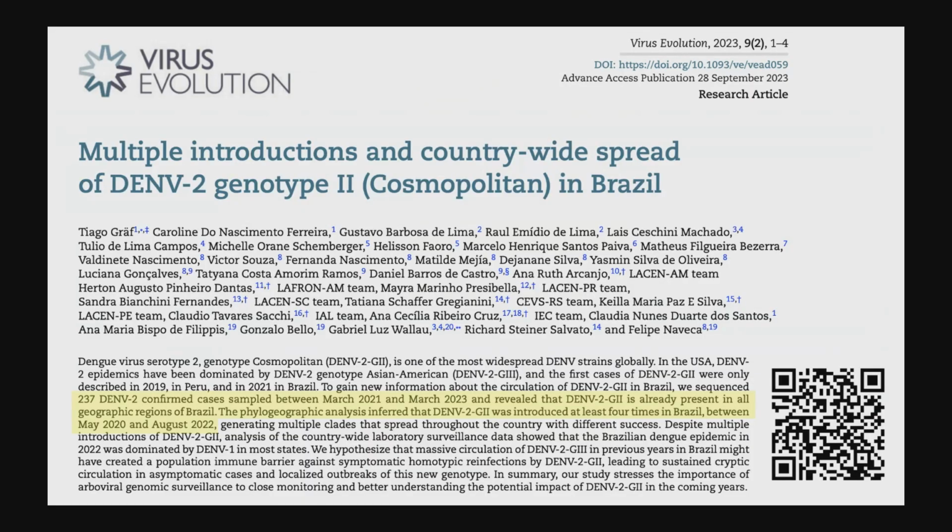And then I will move to another example, which is dengue 2, genotype 2, the cosmopolitan genotype that emerged in Brazil in 2022. In this paper, we published a study where we sequenced 237 genomes of those dengue 2 viruses from different places in Brazil, and most of them were sequenced also using an IMAP-based strategy.